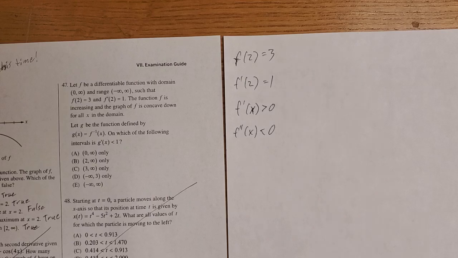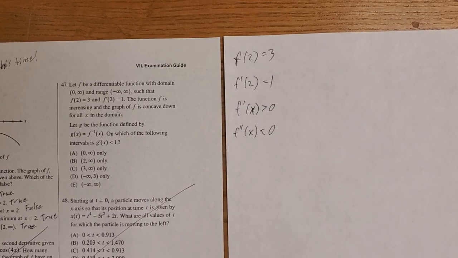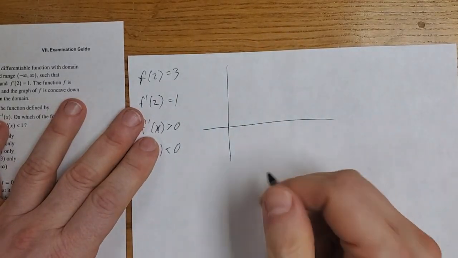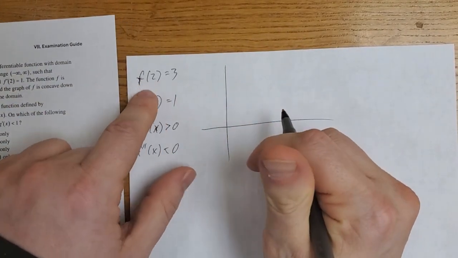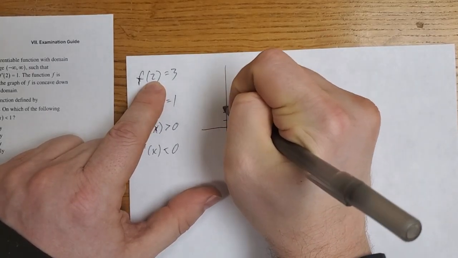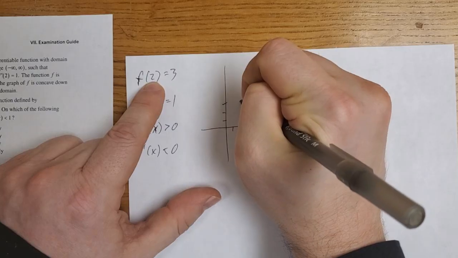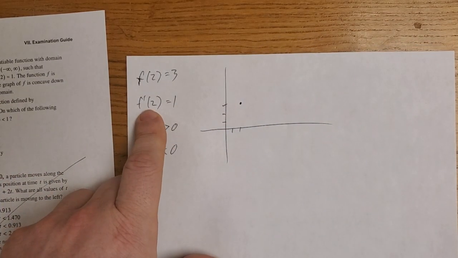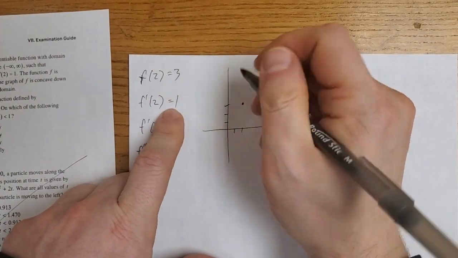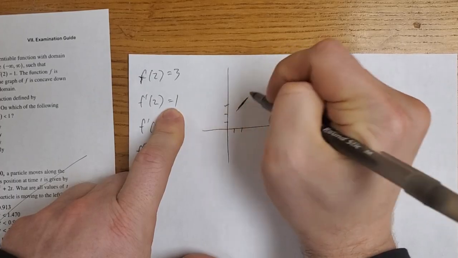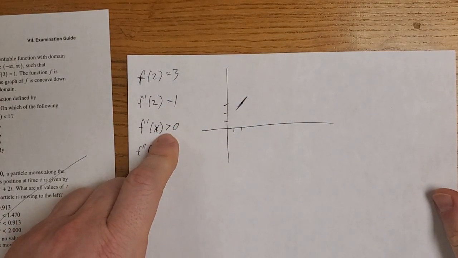So let's try to envision what this looks like, first of all. So we know that this point exists of x equals 2 equals a y of 3. So that is a point on the graph. And at that same value, the slope is 1. So it kind of looks like that going through there. And the graph is always increasing.